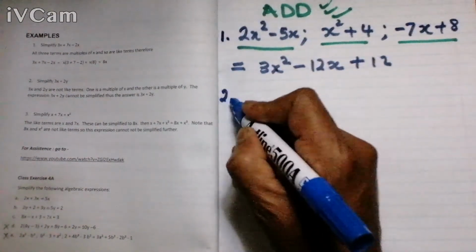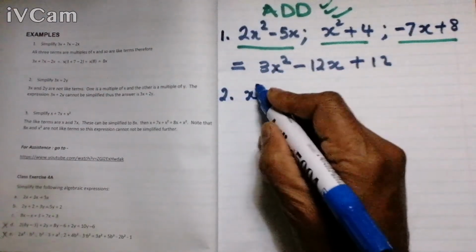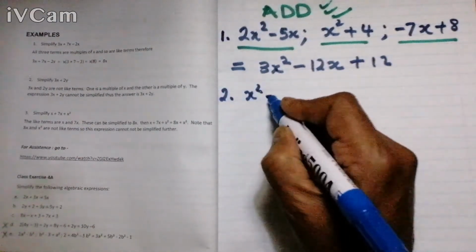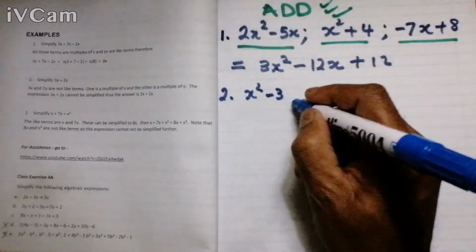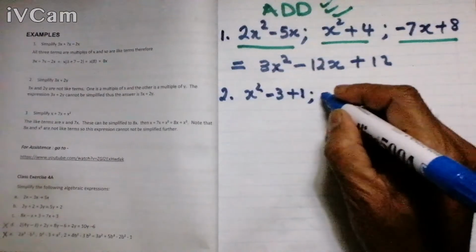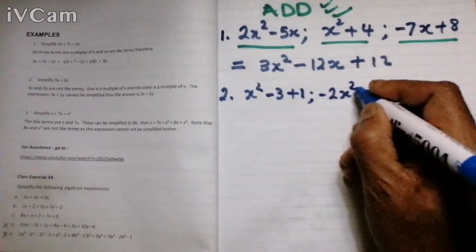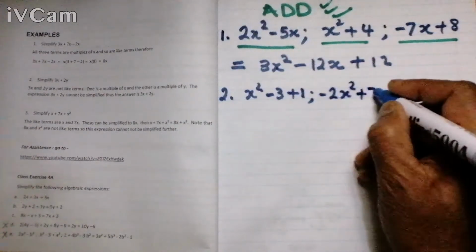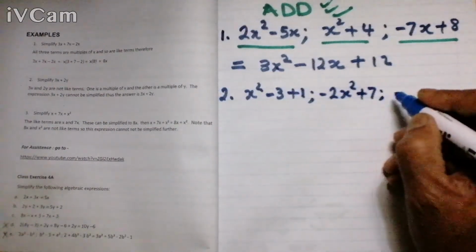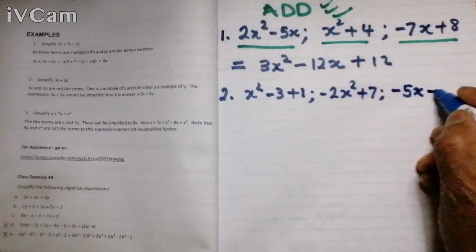Number 2 is x squared minus 3 plus 1 minus 2x squared plus 7 minus 5x minus 2.